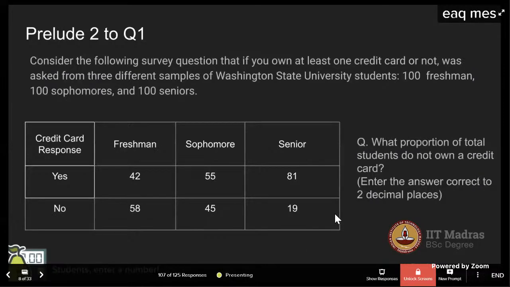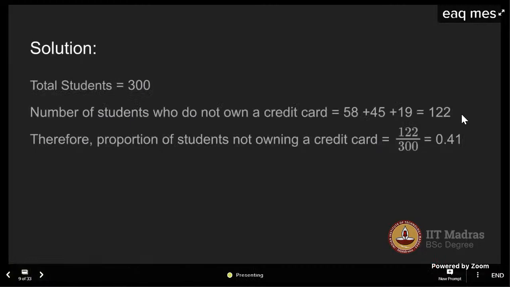So the total who don't own a credit card is the sum of these three observations, which is 122. So the proportion of students not owning a credit card is 122 over 300, which is 0.41.